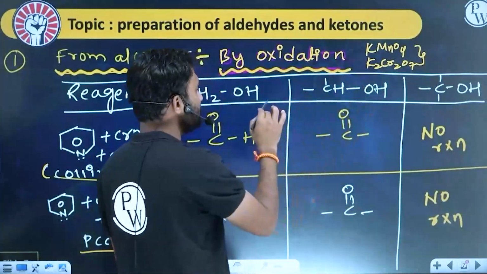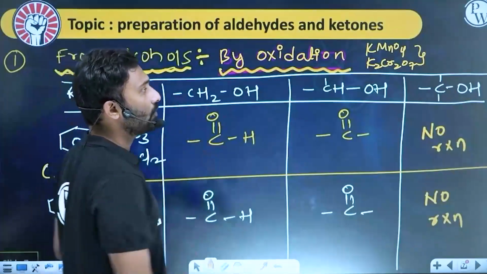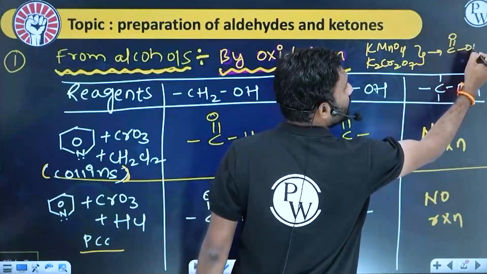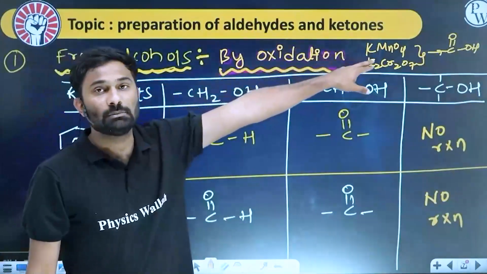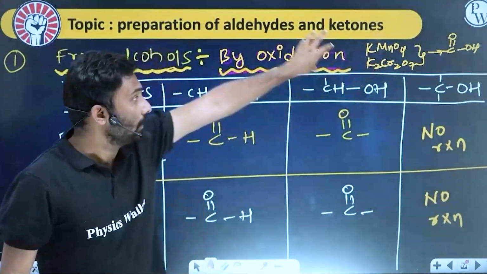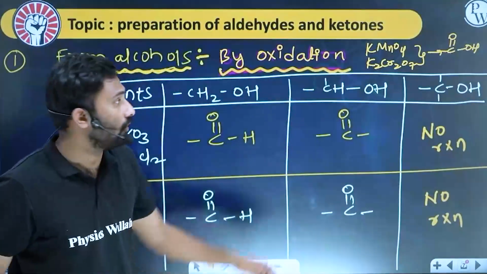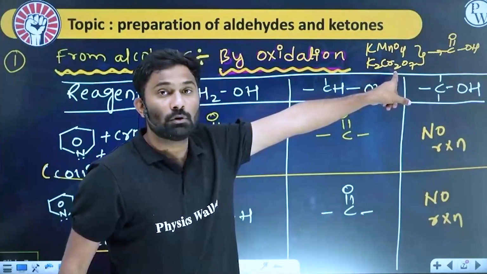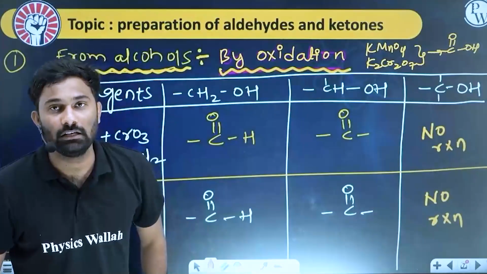These strong oxidizing agents, what do they do to primary alcohol? It will convert into carboxylic acid. But we are going to see only the aldehydes and ketones, so I did not say this one. But if secondary alcohol is given with KMnO4 and potassium dichromate, it will give the ketone only.